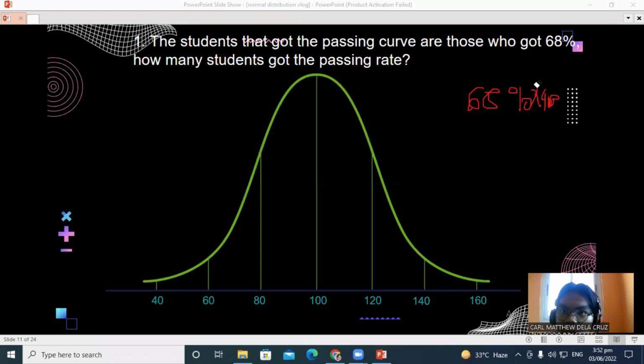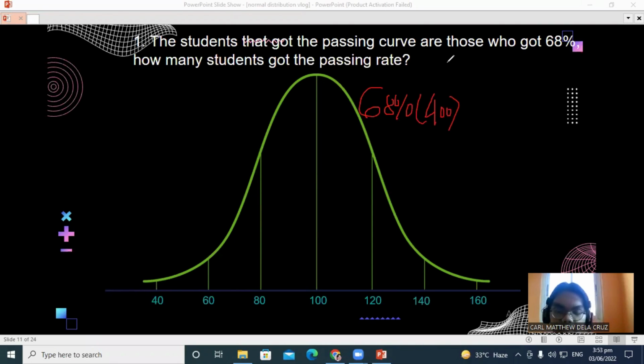Let's clearly note that. So 68% times 400, you can solve it on your calculator, is 272 students. That is the number of students who got the passing rate.